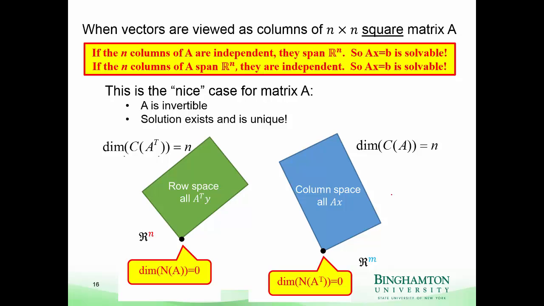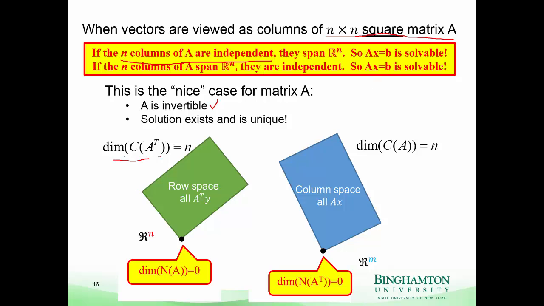Now, let's look at the case to just close out here. I think this is the last one. Yes. We'll close out here with the case for an n by n square matrix. For that case, if the n columns of A are independent, that means that not only is this n by n and square, but it's invertible. So it's an n by n full rank matrix. Aha!